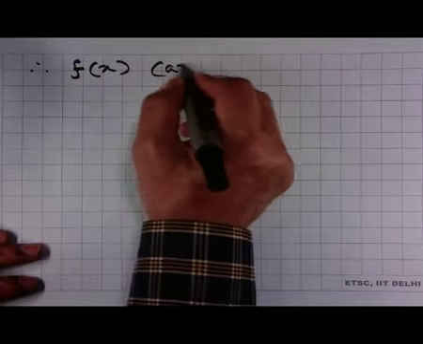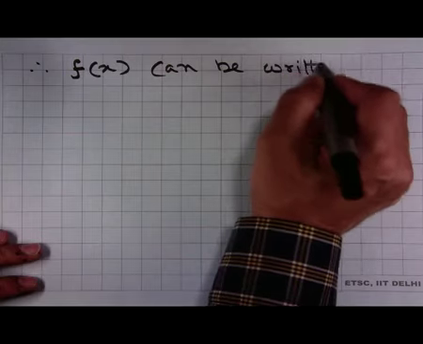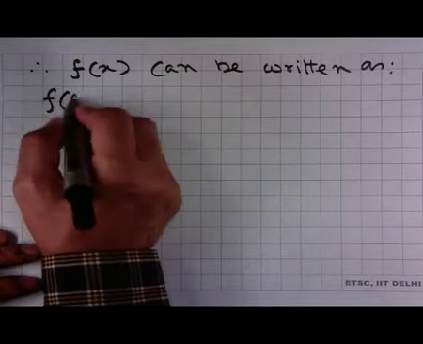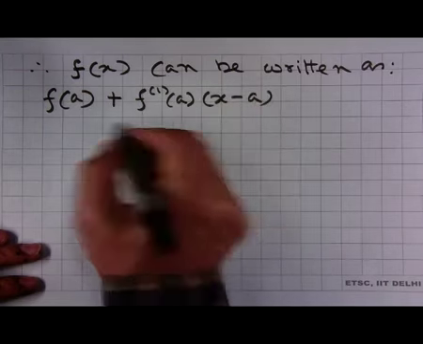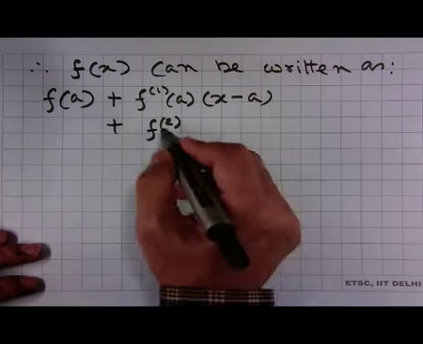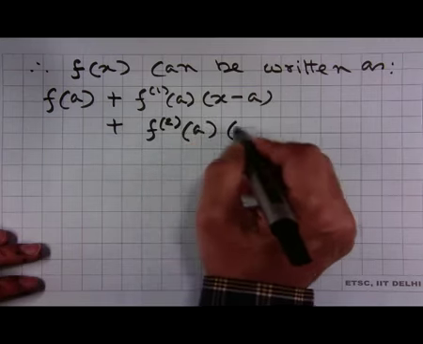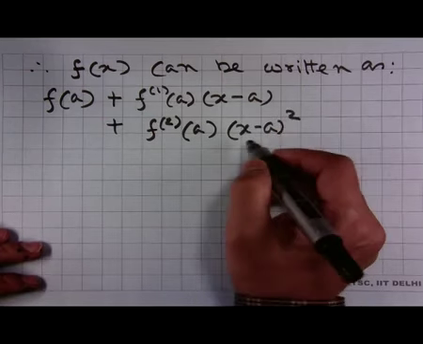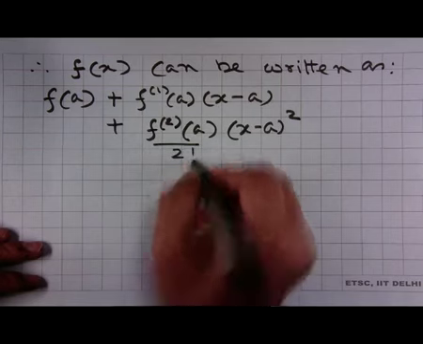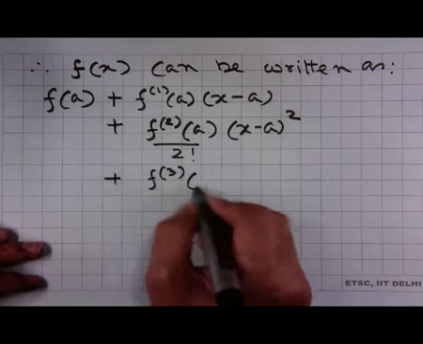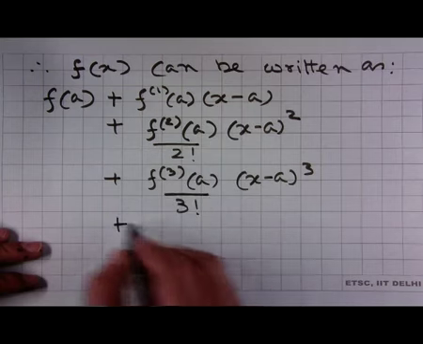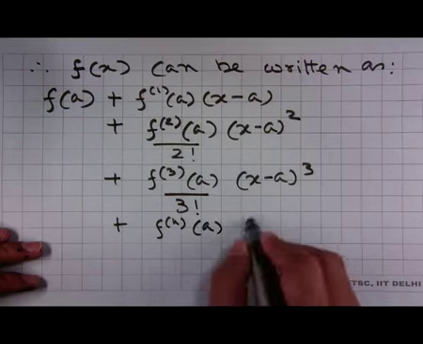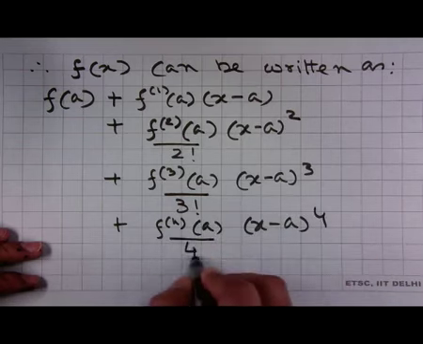Therefore, we can find that f(x) can be written as f(a) plus f prime at a into (x minus a) plus the second derivative of f at a into (x minus a) whole square upon factorial 2 plus the third derivative of f at a into (x minus a) whole cube upon factorial 3 plus the fourth derivative of f at a into (x minus a) whole to the power 4 upon factorial 4.